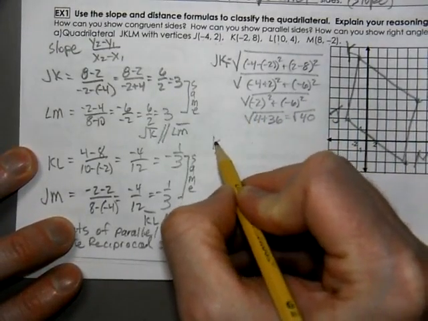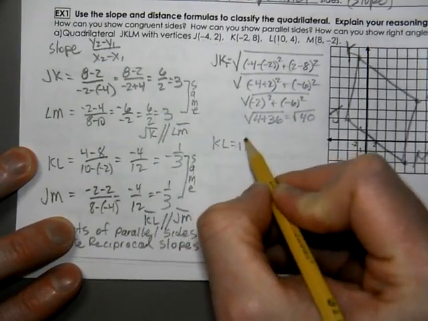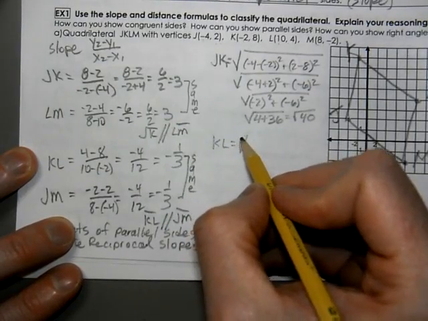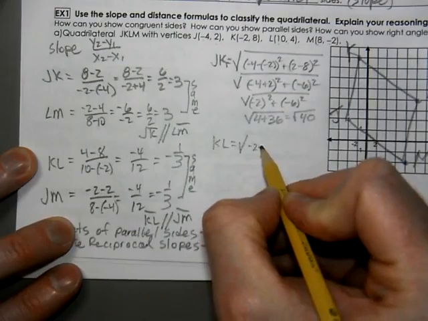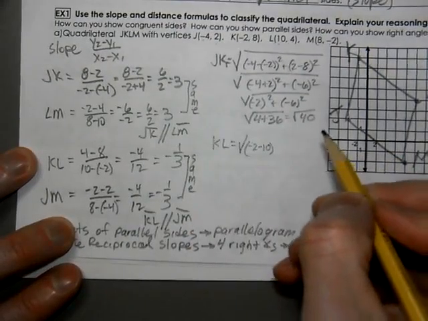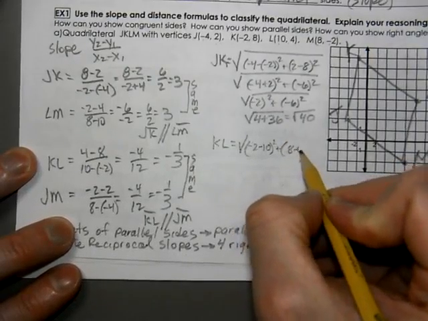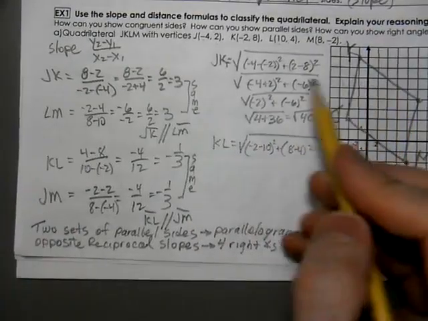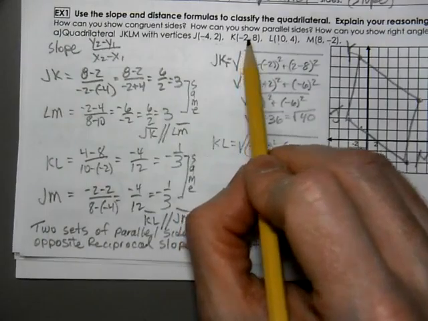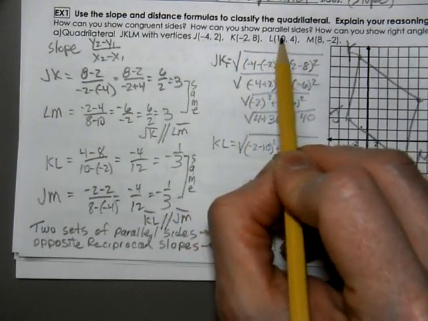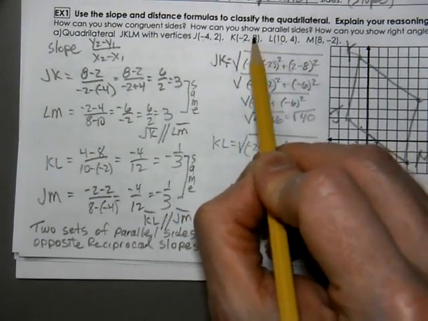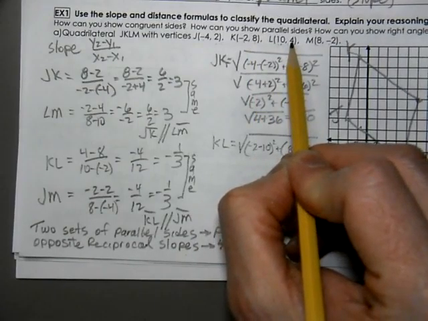So next we'll look at KL. KL is negative 2 minus 10 and 8 minus 4. To do the distance formula, you do x2 minus x1, y2 minus y1.